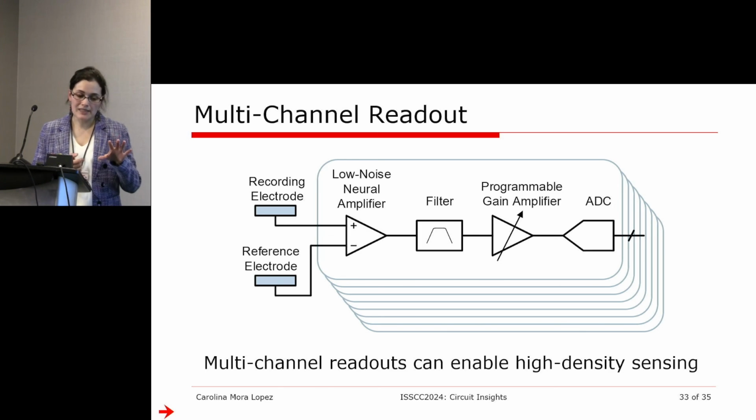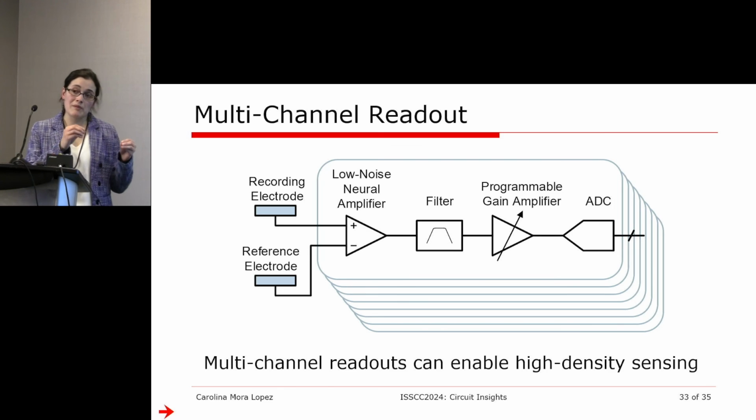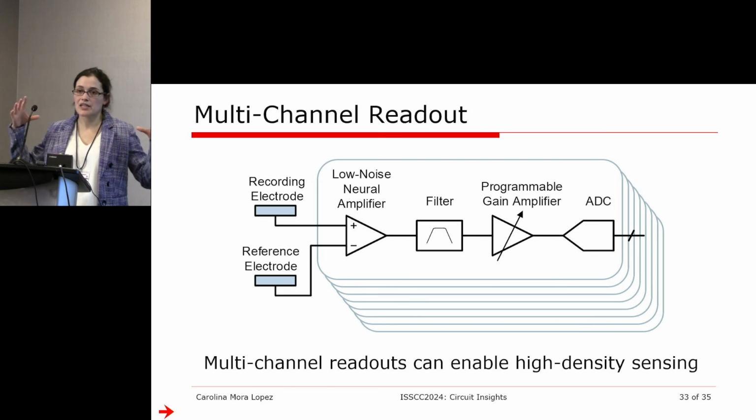What is important here is that for applications where you want many parallel readouts, area and power will always become your 2 most important challenges. There you will be willing to sacrifice a bit of your noise if that's required, to be able to implement this on chip without having huge chip sizes, because that's also important in biomedical, especially if you want a small implant.